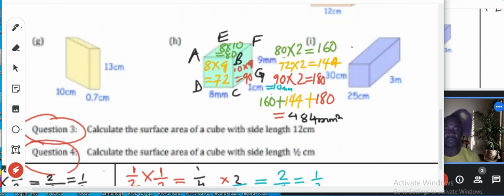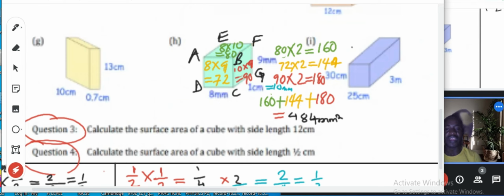This is 10 because it was given as 1 centimeter. We changed it to 10 millimeter, 10 times 9, and that's how we got 90. And this face at the top is 8 and 10, so 8 times 10, which gives us 80.